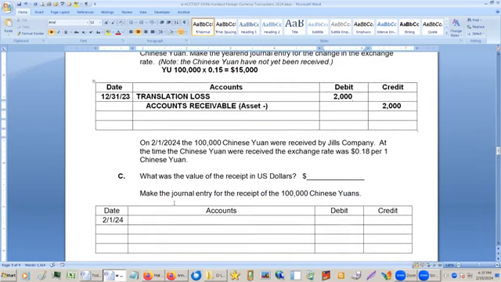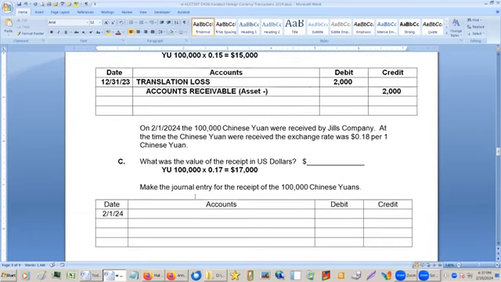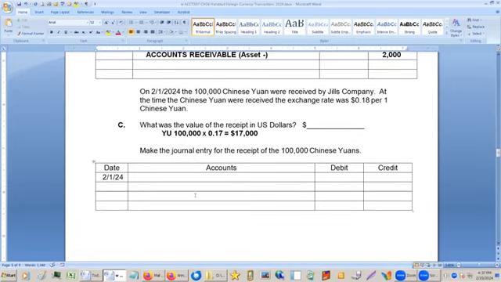Okay, so coming down to February 2nd, and now it's up to 18. We'll do the easy part.